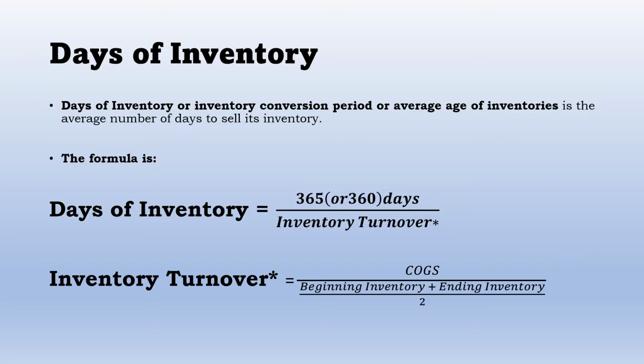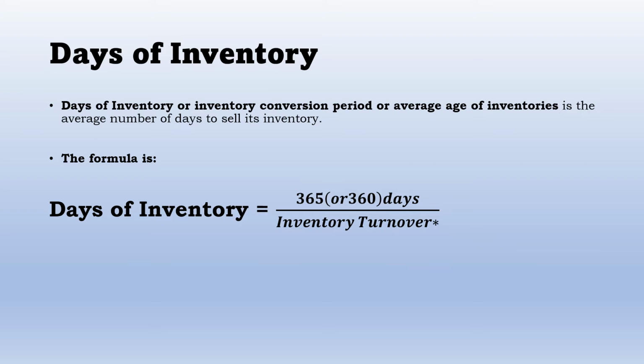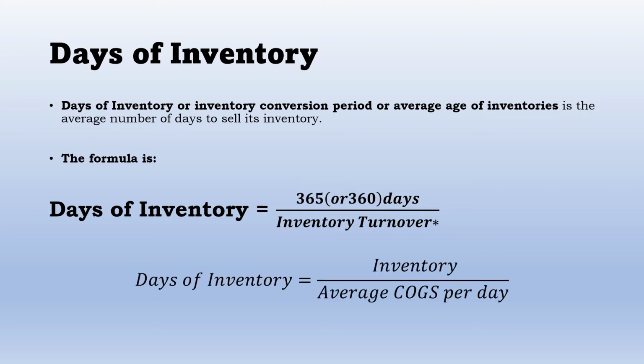The inventory turnover is cost of goods sold divided by the sum of beginning and ending inventory divided by 2. Or it could be: days of inventory is equal to inventory divided by average cost of goods sold per day.